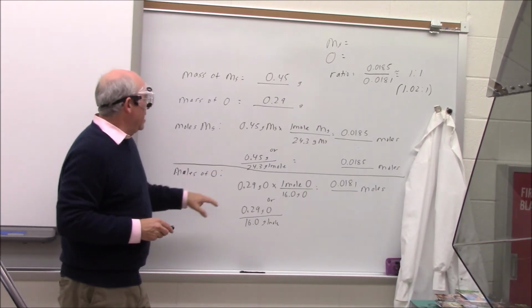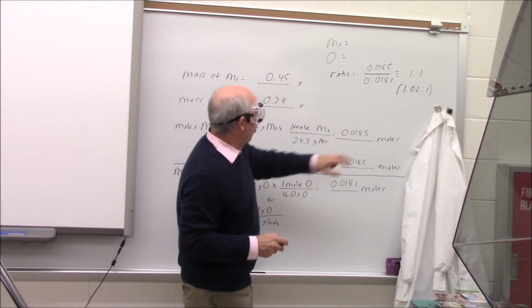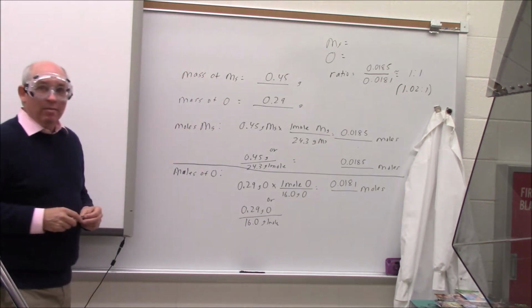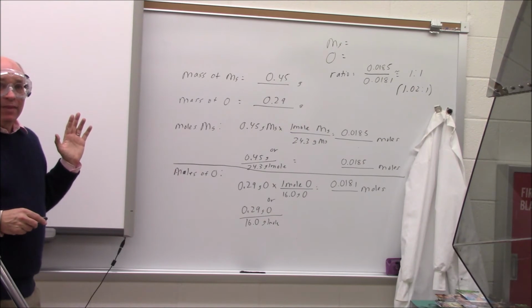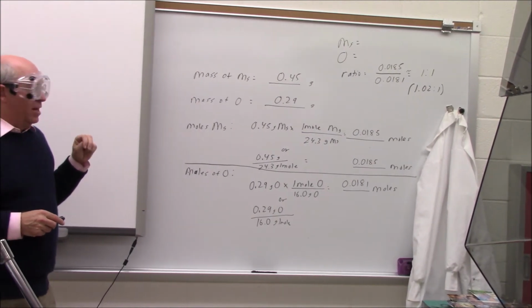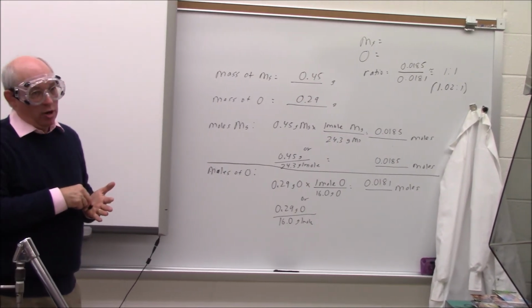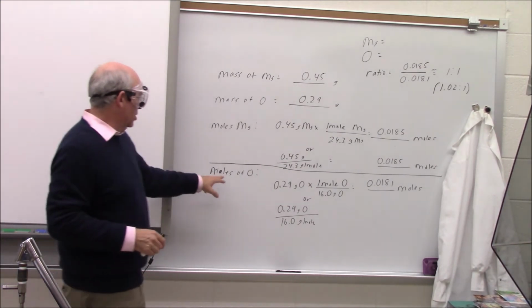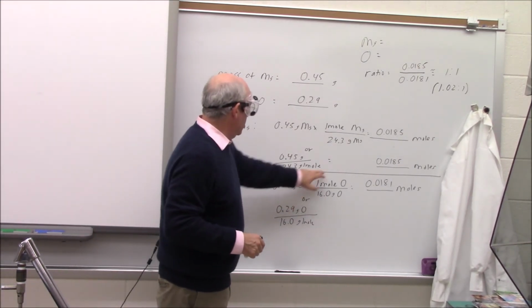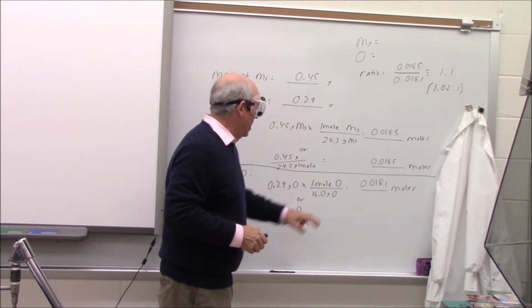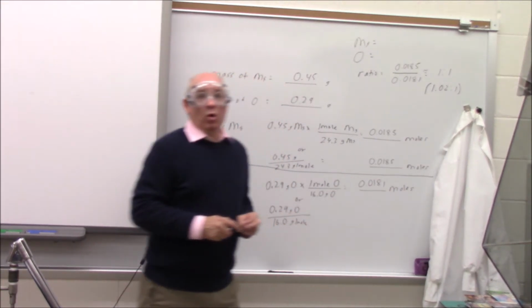Either way, you're going to end up with 0.0185 moles of magnesium. Make sure you punch that in and get that answer, because in a minute, you're going to get your own data and be on your own. For the moles of oxygen, 0.29 grams of oxygen, 1 mole is 16.0 grams, gives 0.0181 moles.